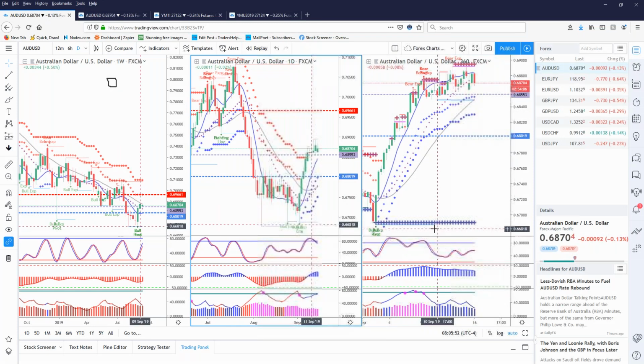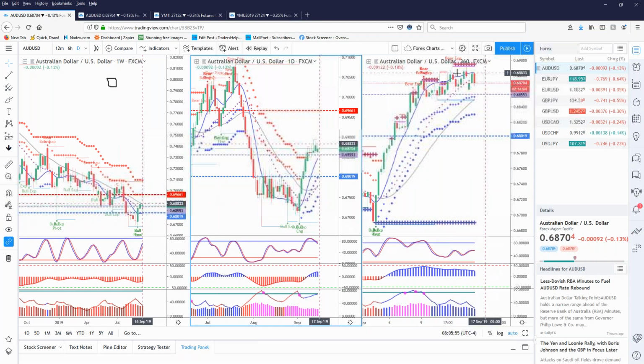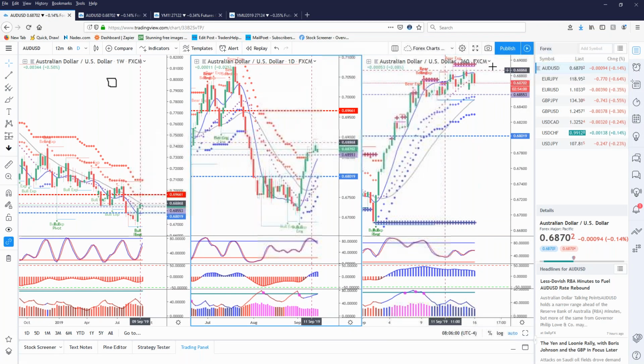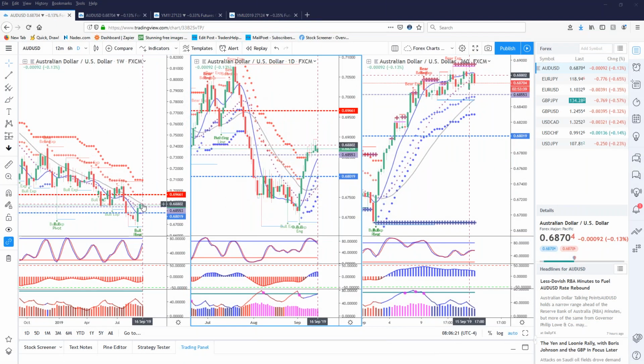Okay. So let's go over here and start on the Aussie dollar. Okay. Now the 360, I've already identified, you know, what I saw on the 360. You can also see right here that you made a high on the 360. It came back and it rejected that area, which happened to coincide with the fast moving average. Okay. You can also see over here on the weekly that price is at the slow moving average.